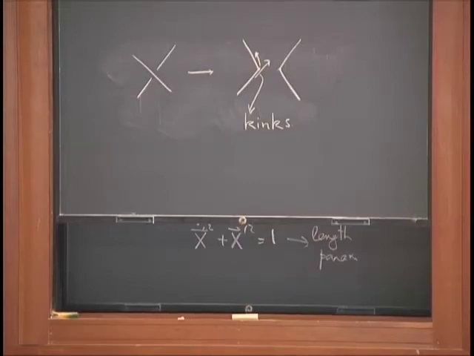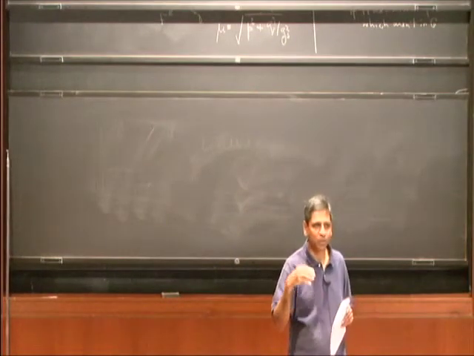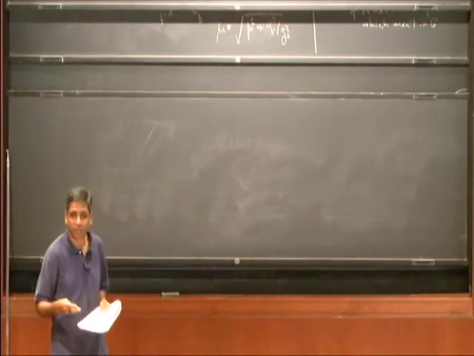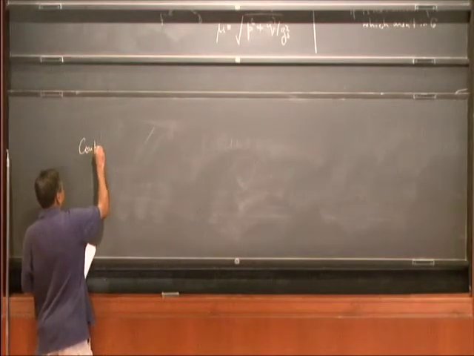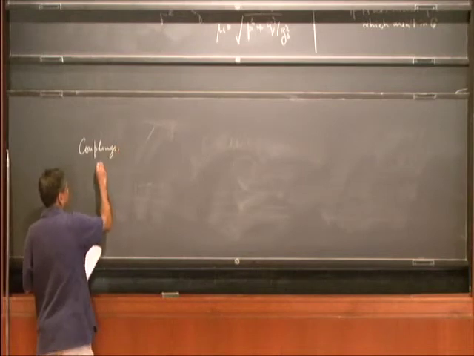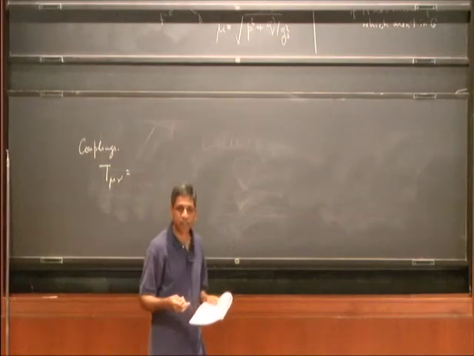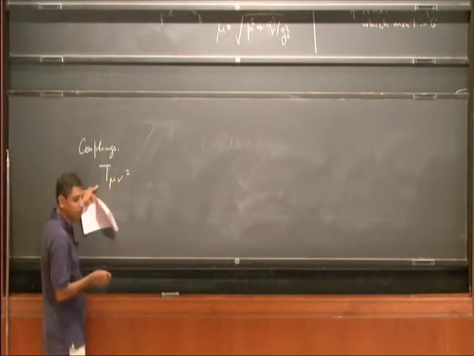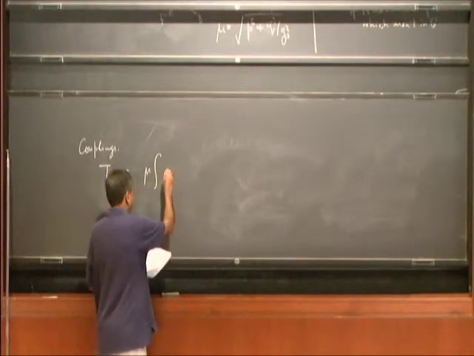So basically, if you have a string, then the way you can look for it is that it sends something to you. So this could be gravitational waves or photons or particles of different kinds. So you want to calculate the radiation from cosmic strings. So, what are the couplings? You can have, for example, for gravitational waves, you can work out the energy momentum tensor of the cosmic string, and that will be a source for gravitational waves.